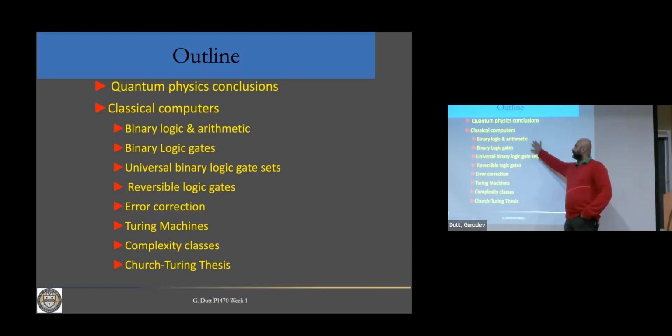We'll talk a little bit about binary logic and arithmetic, binary logic gates, universal binary logic gate sets, and then reversible logic gates and error correction in digital binary logic. Finally we'll conclude with a few general comments about Turing machines and complexity classes and the Church-Turing thesis.